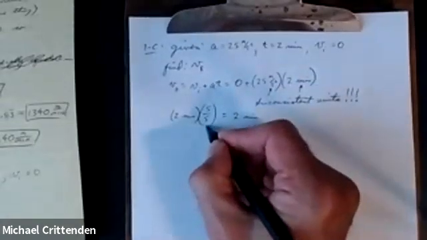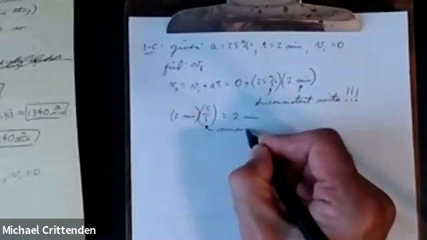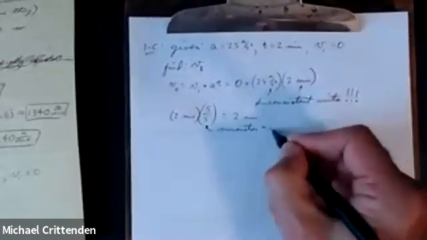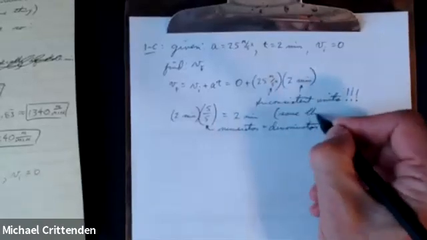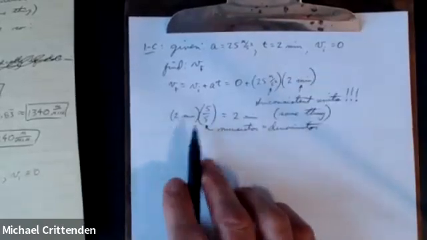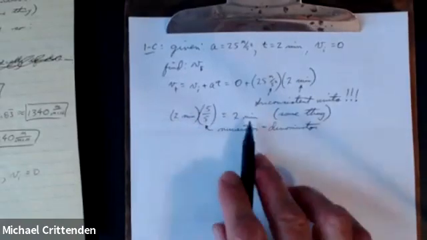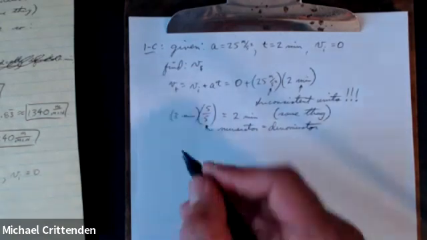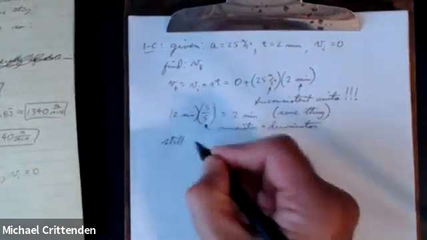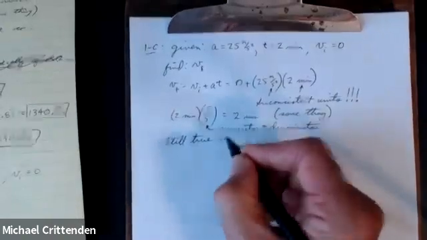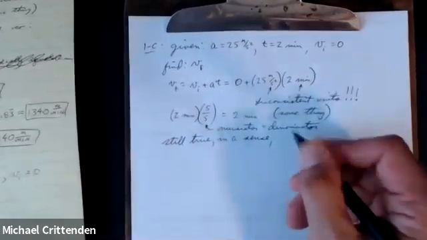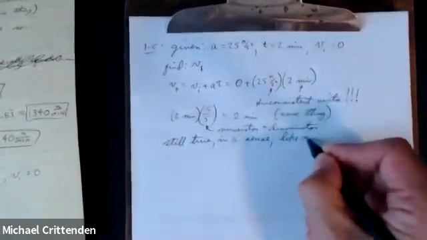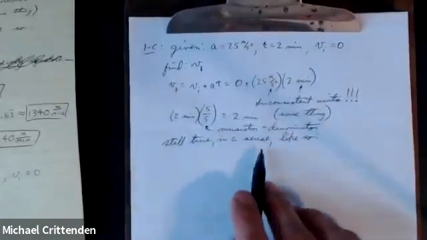If the numerator equals the denominator, the top equals the bottom, if you multiply by something where the top is equal to the bottom, you've got the same thing when you're done. This is still true in a sense, like so.